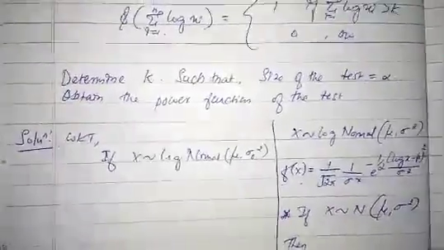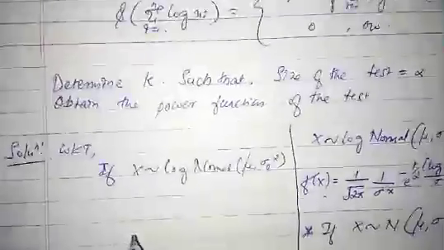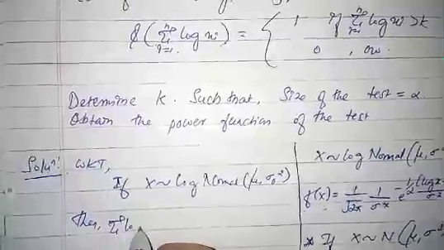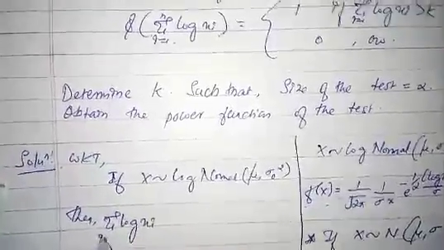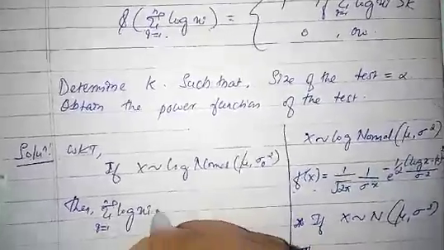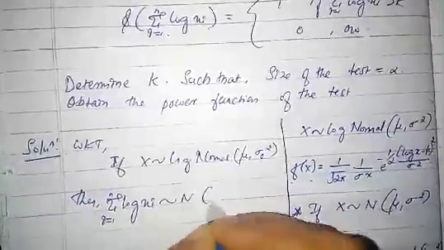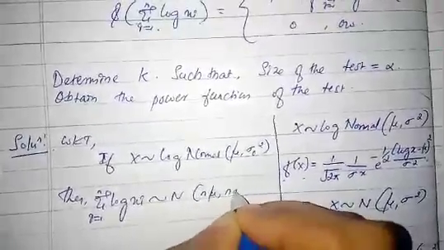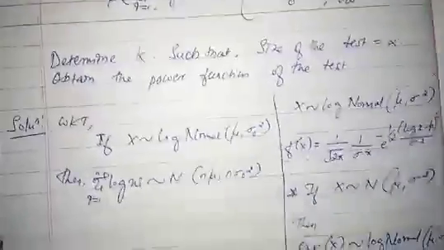Then if x follows log normal with mean mu and variance sigma naught square, then summation log xi, i from 1 to n, follows normal with mean n mu, variance n sigma naught square.